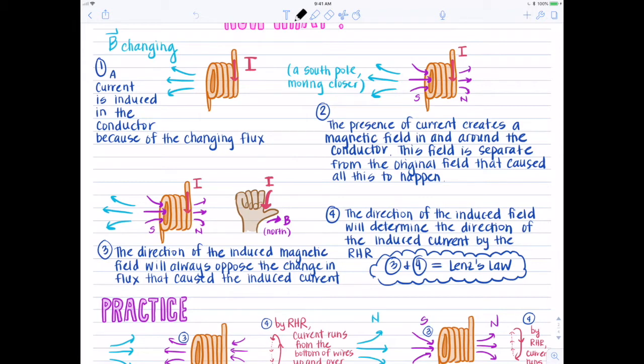Image 4, or rather, there is no image, but step 4: the direction of the induced field will determine the direction of the induced current by the right-hand rule. Once we, in step 3, determine the direction of the magnetic field of the coils, that will tell us the direction of the current if we follow the right-hand rule.